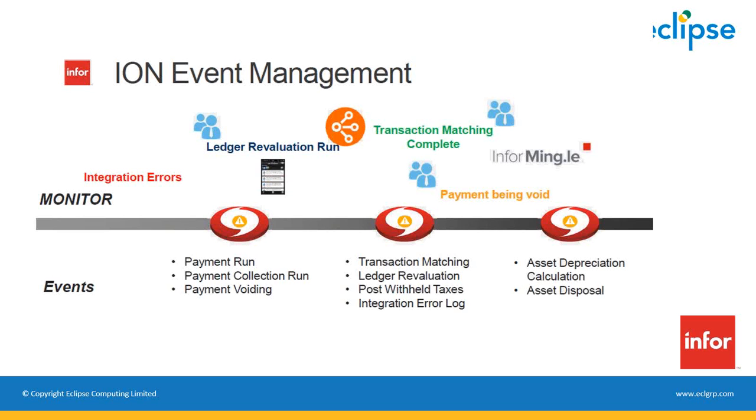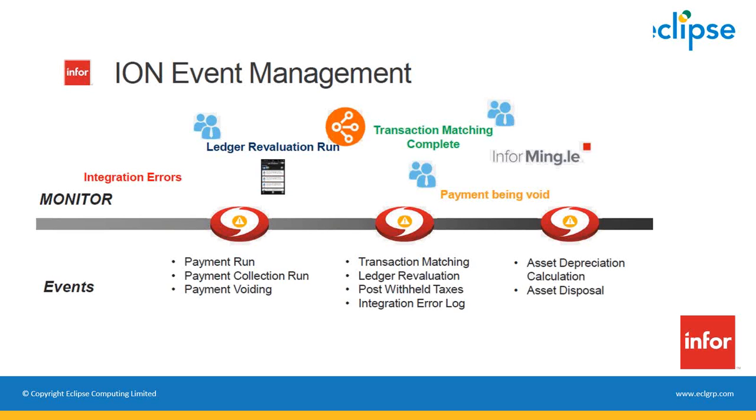So with ledger revaluation, we can easily tag on some events off the back of it, so that if it completes either successfully or unsuccessfully, somebody can be notified, and then directly from within that notification, they can drill through and log into Sun, assuming they have the correct access, and maybe rectify what's gone wrong.